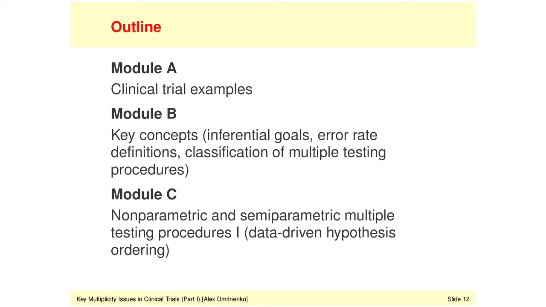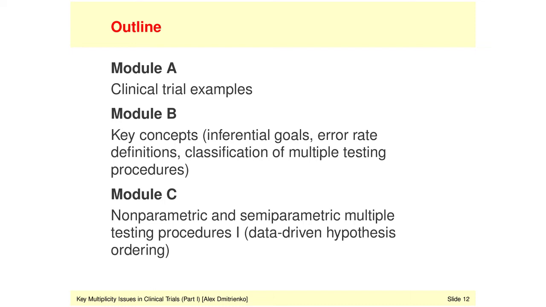There are several modules included in this course. In Module A, I'm going to introduce several clinical trial examples that will motivate multiplicity adjustment methods throughout this course. Module B, in this module, I will introduce the concepts that play a key, really fundamental role in the world of multiple comparisons.